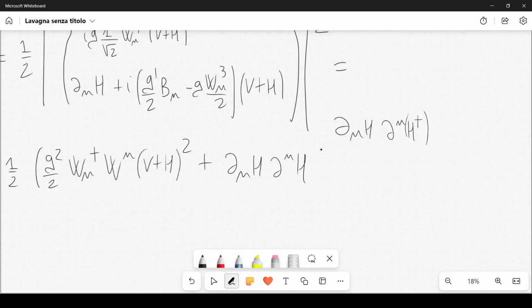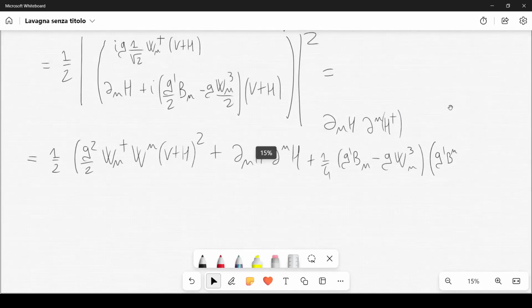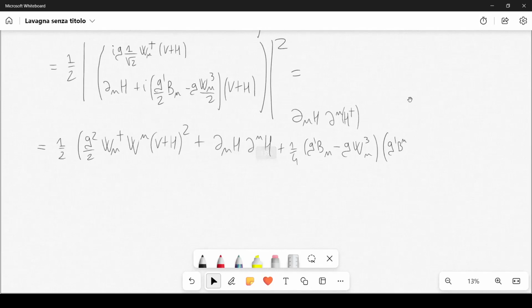Then we also have plus 1 over 4 g prime b mu minus g w 3 mu, and we also have g prime b mu minus g w3 mu.